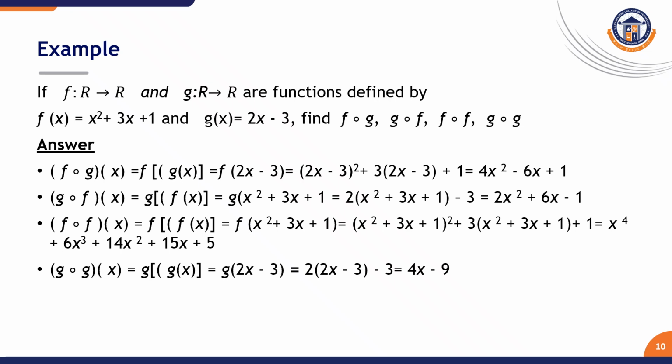Using the definition of f(x), when you simplify, the answer becomes x⁴ + 6x³ + 14x² + 15x + 5. Next, in a similar way, g composite g, that is g(g(x)) as per the definition, g(2x - 3), that is equal to 2(2x - 3) - 3, which simplifies to 4x - 9. Like this, we can calculate all the compositions of the functions with the basic definitions of f(x) and g(x).